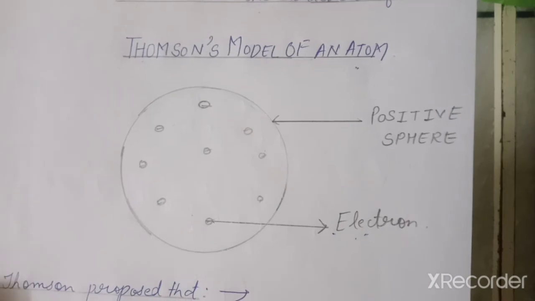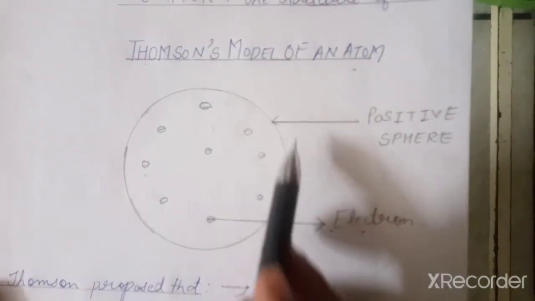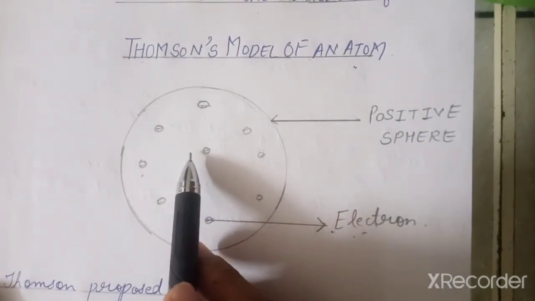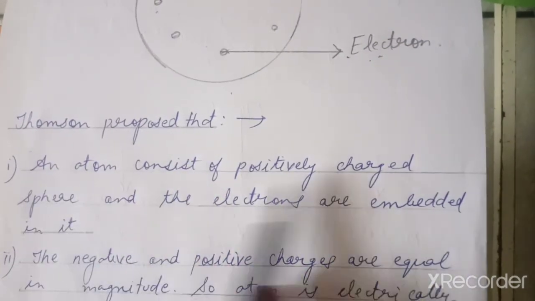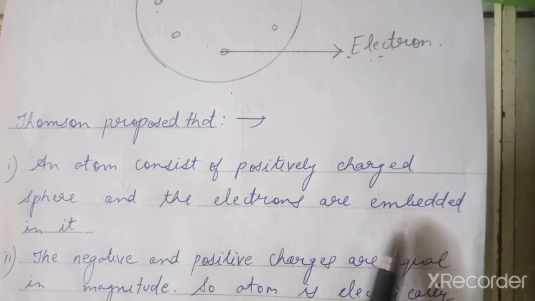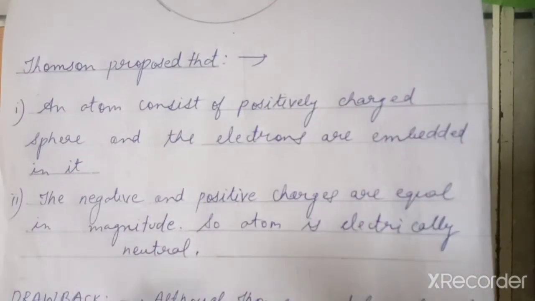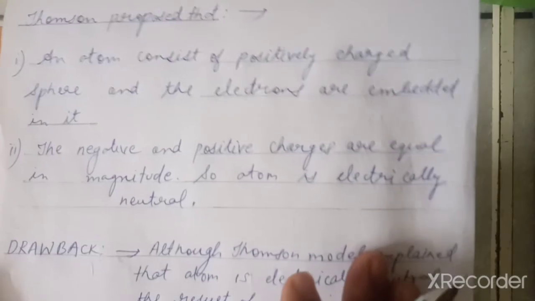So the Thomson model consists of a positive sphere with the electrons embedded in it. These electrons are equivalent to the positive part, so that the atom is electrically neutral. We can say that an atom consists of a positively charged sphere and the electrons are embedded in it, and the negative and the positive charges are equal in magnitude, so that the atom is electrically neutral.